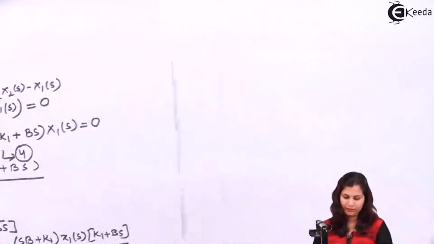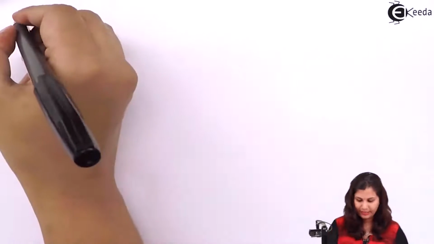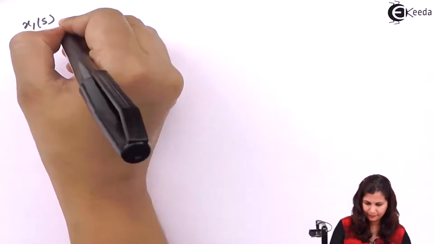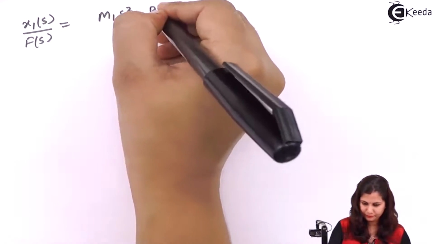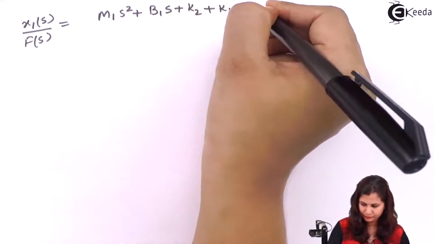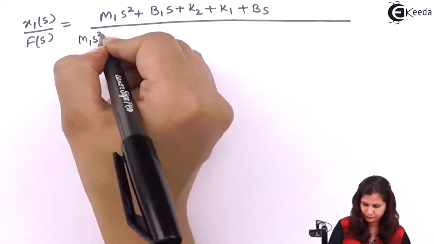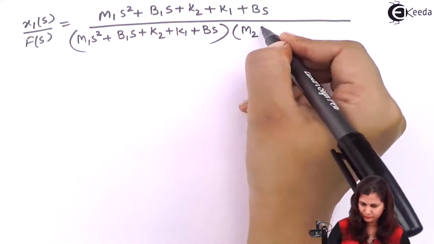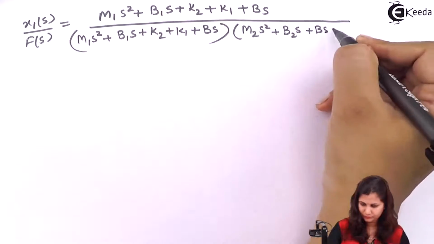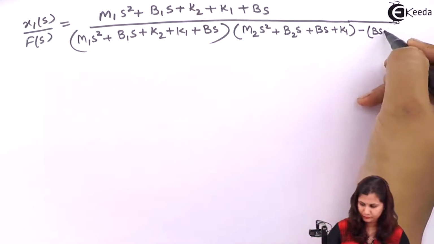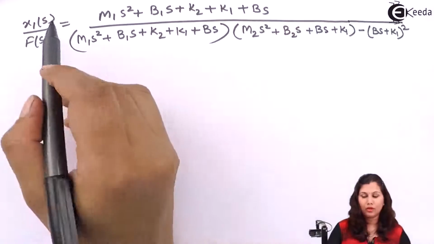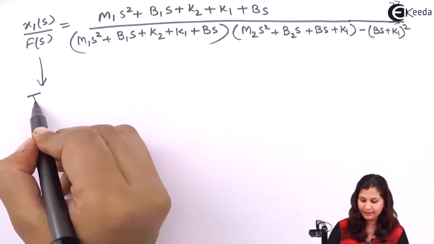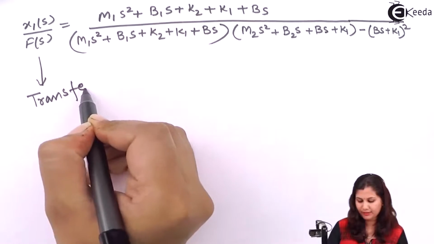Now solving this and getting the ratio, we will get X1(s) by F(s) as, so we have got the ratio of x1 and F(s), and this is the transfer function of the system.